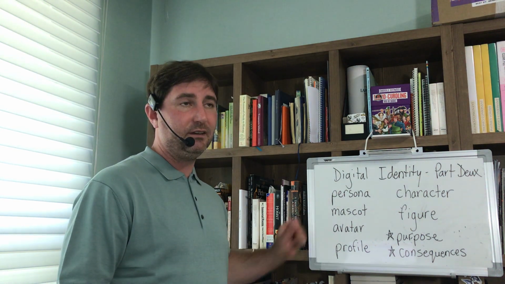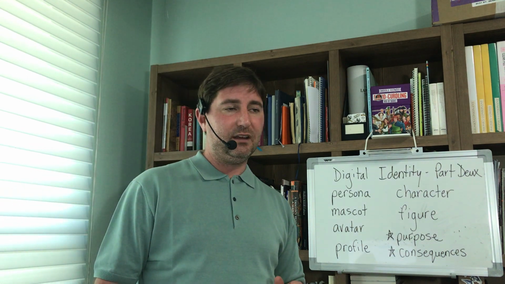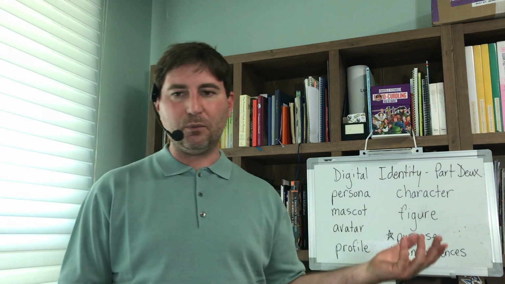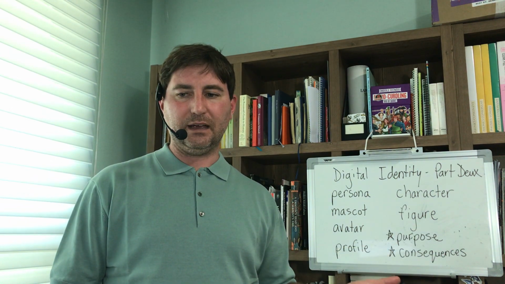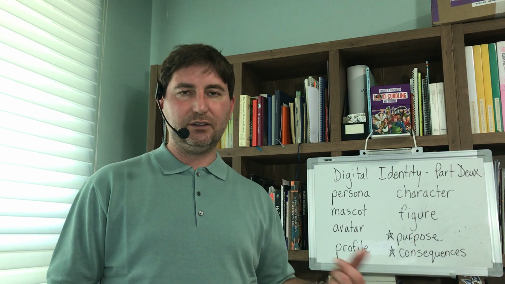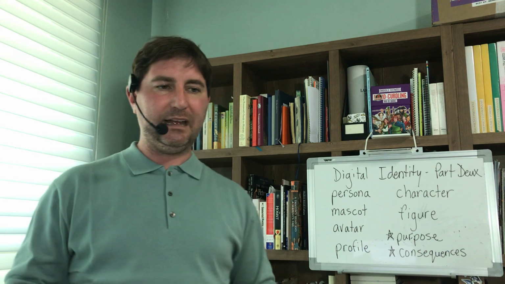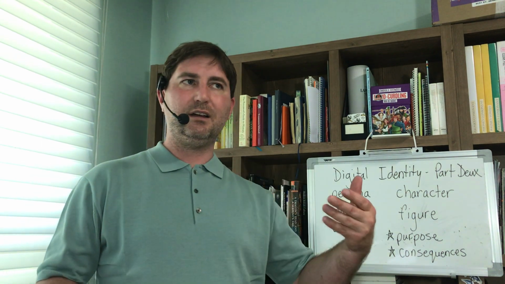A mascot, everybody knows what a mascot is probably, because we have these people that dress up as something, an animal or a monster or some sort of character, they dress up in a costume, and it's a symbol.